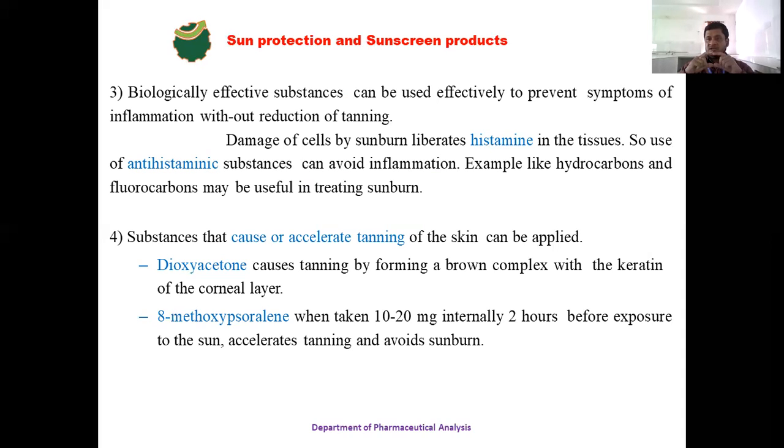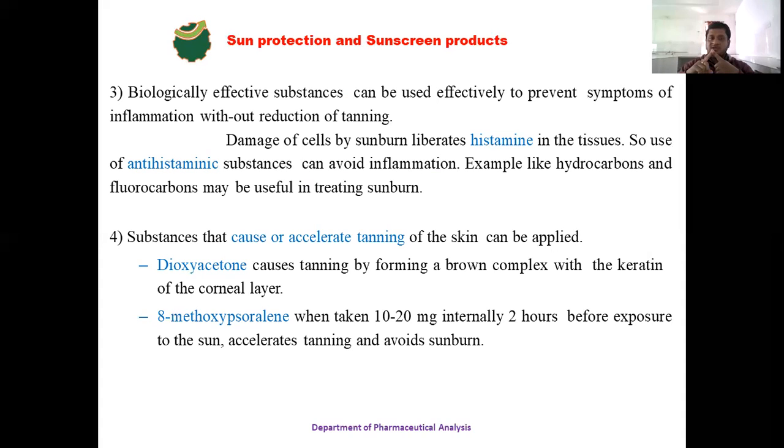Already I said keratin is a substance which is mainly present in the epidermis or in the skin, and it is produced by keratinocytes. Keratinocytes are the cells which mainly produce keratin. So the dioxyacetone will combine with keratin, and there is formation of the brown complex, meaning tanning. Because of the tanning it will protect the skin.